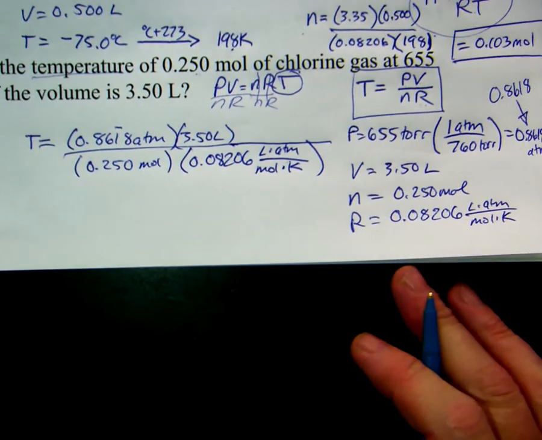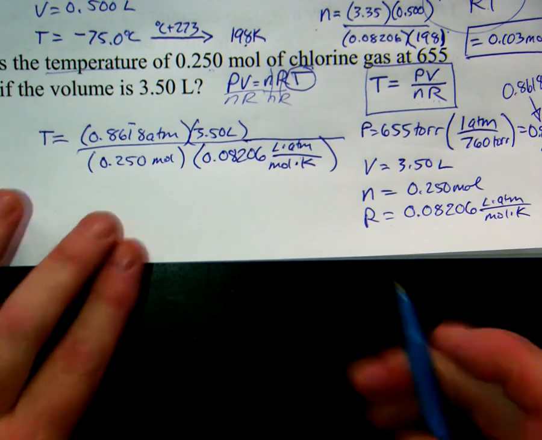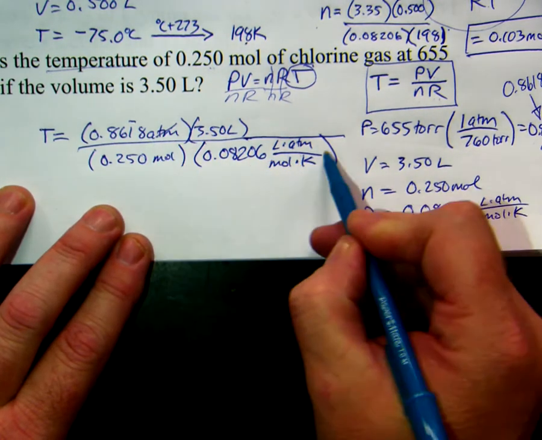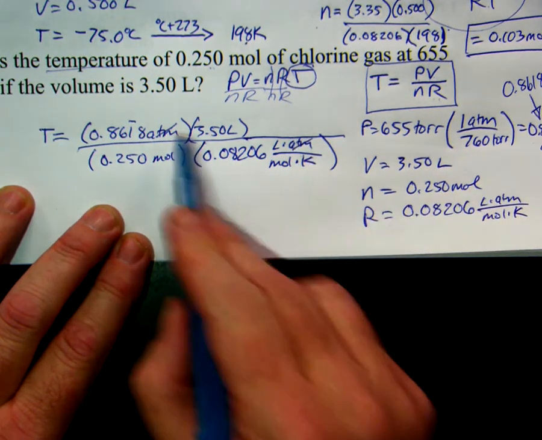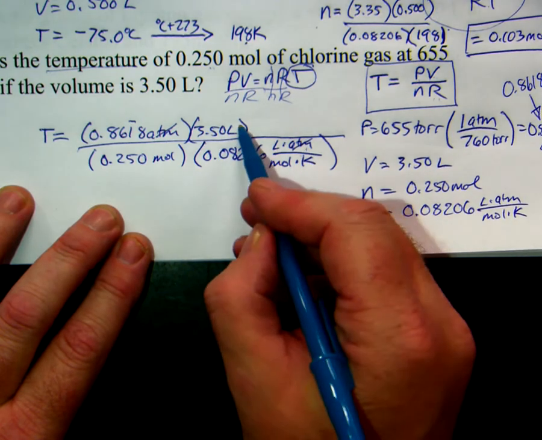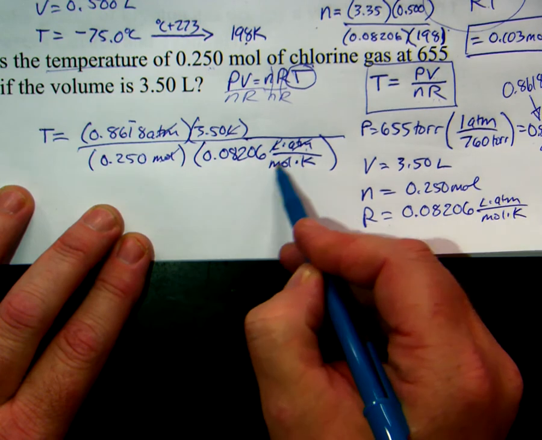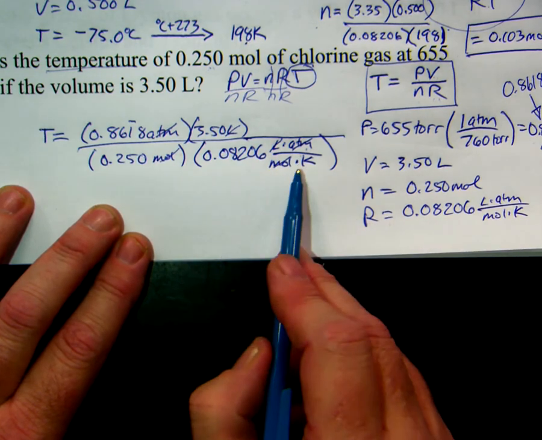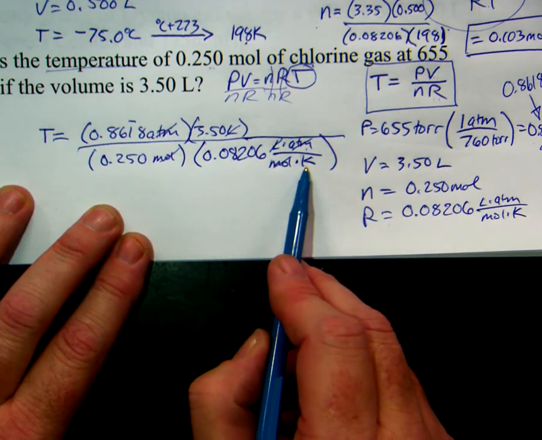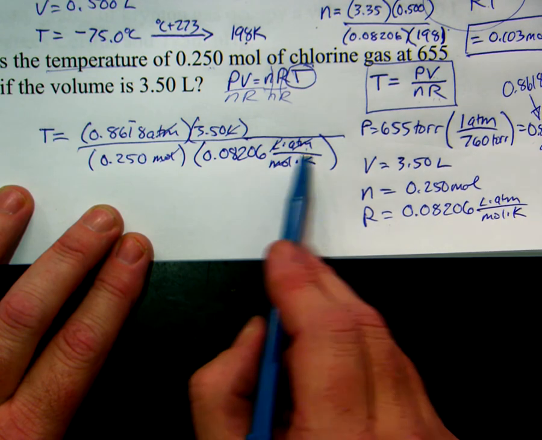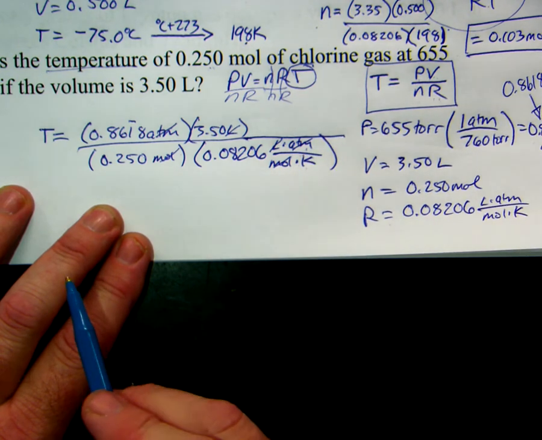All right, so how do the units cancel out here? Most of them cancel with R. So atmospheres divided by atmospheres, liters divided by liters, moles divided by moles, and now we have Kelvin in the denominator of the denominator.